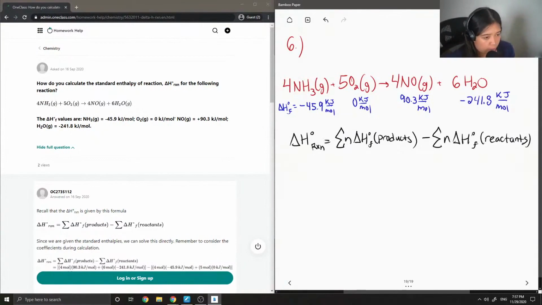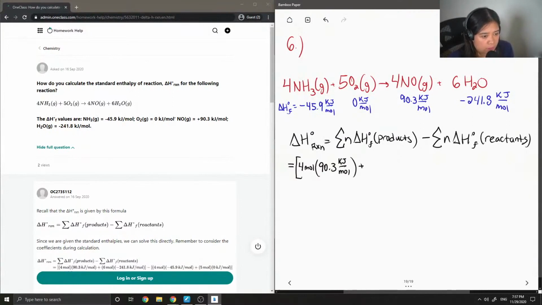So let's plug in all of our values. Starting with the products, there are 4 moles of NO, and I'm going to multiply this by its delta H of formation value, which is 90.3 kilojoules per mole.